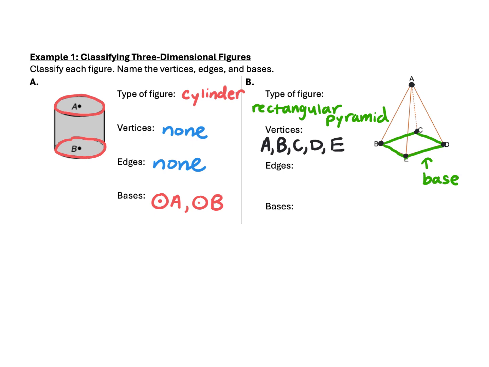Now the edges, there are usually going to be quite a few. This pyramid has some edges that contain that vertex where my triangles come together. So I have segment AB, segment AC, segment AD, and segment AE. But don't forget that the base of the pyramid also has additional edges.